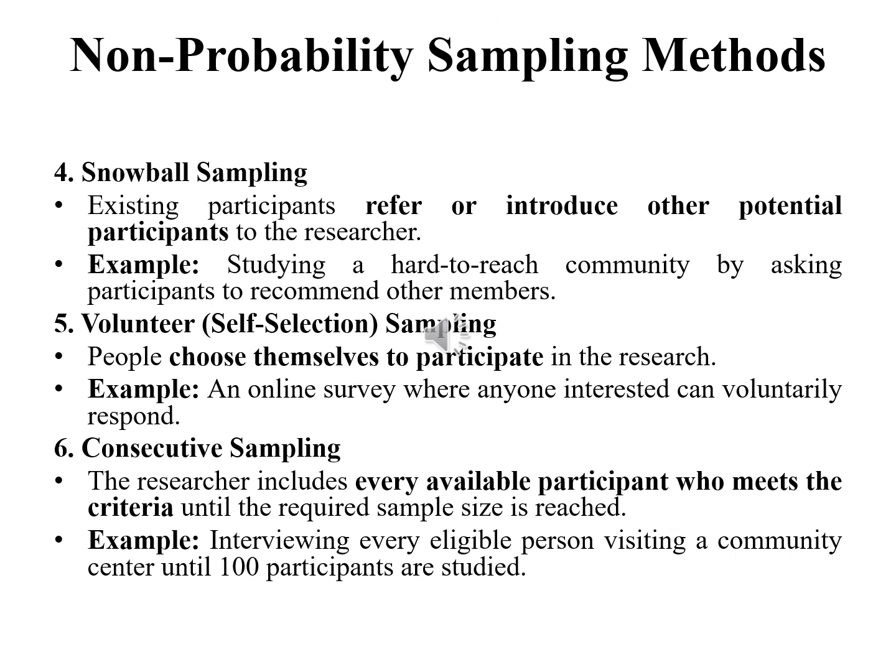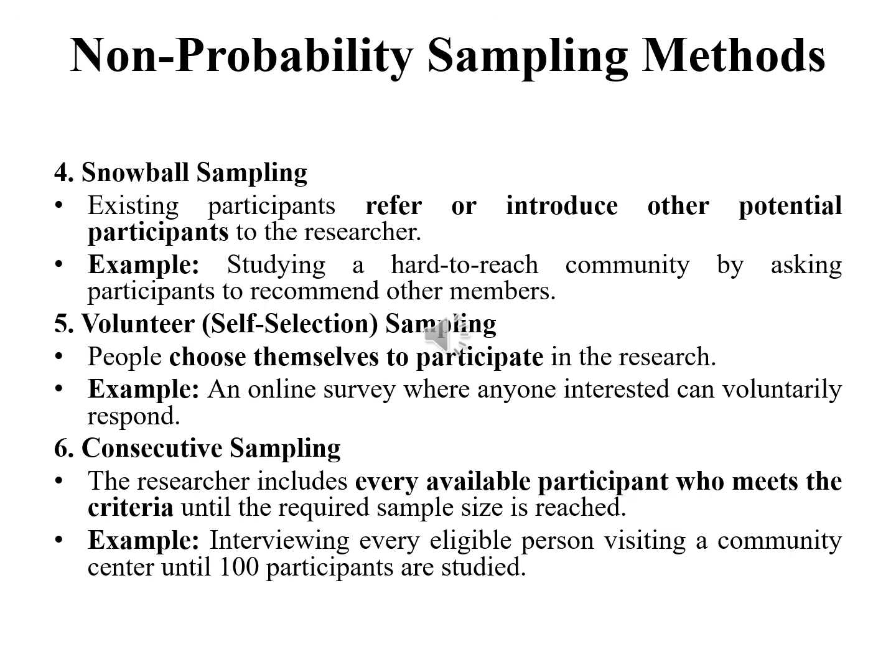Next is volunteer sampling. Here people choose themselves to participate in the research. For example, a researcher posts an online survey and everyone interested can voluntarily fill it out. So people participate by their own choice. Then we have consecutive sampling.